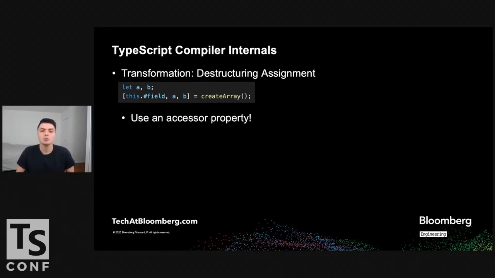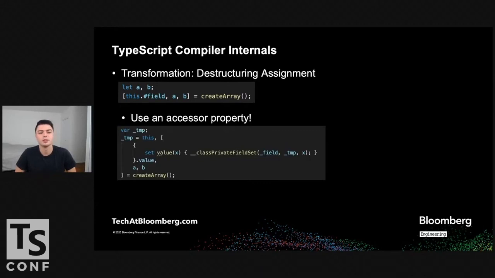We can call the class private field set function in the setter of an accessor property. We can transform this code using an accessor property that allows us to call the class private field set function while we're actually doing the destructuring. So the code will look something like this.